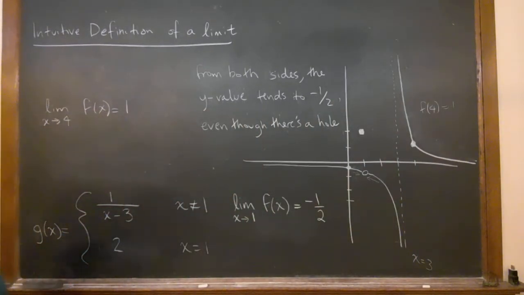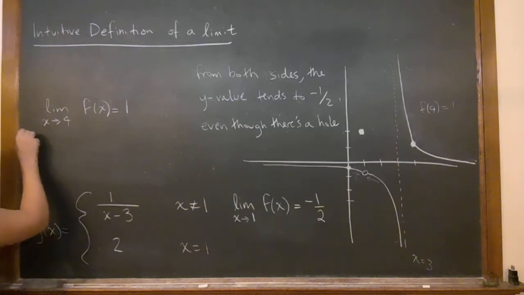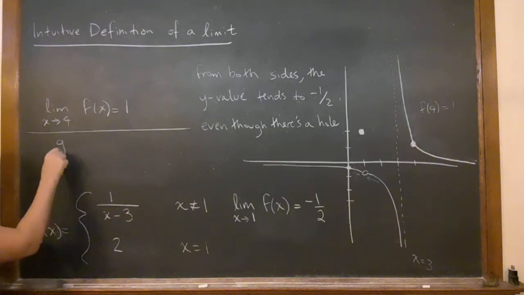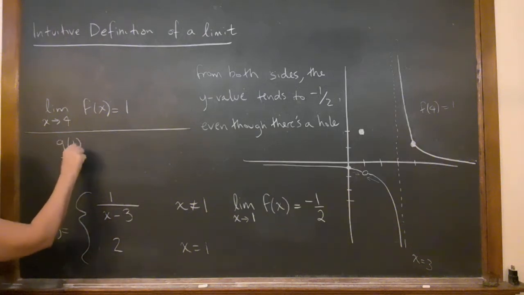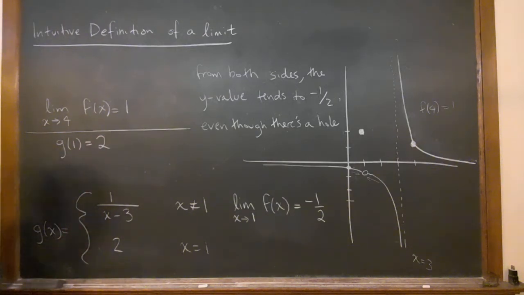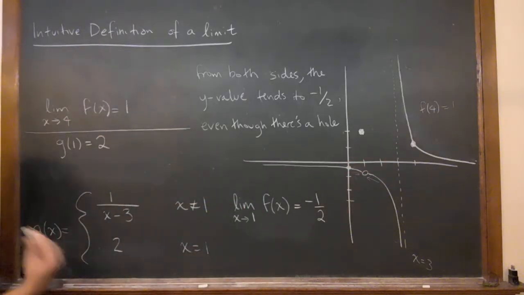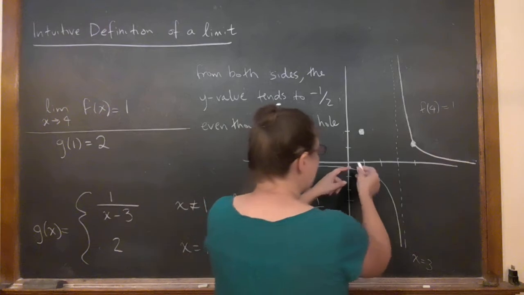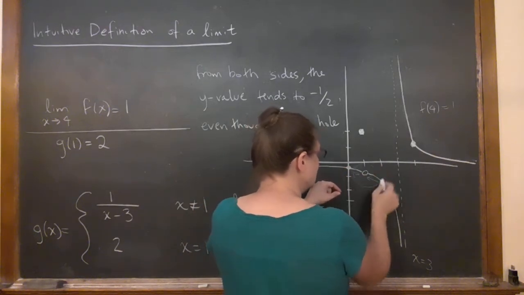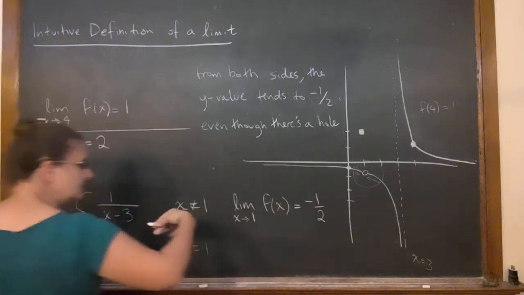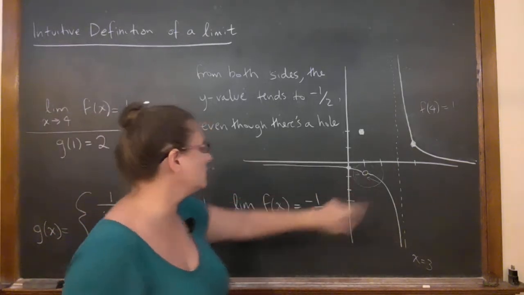Fine. So now, if I look at the function g, I can put in g of 1, and clearly the value is 2 because that's where I stuck my little point. But if I look at the behavior of everything else near 1, it's still tending towards that empty circle.